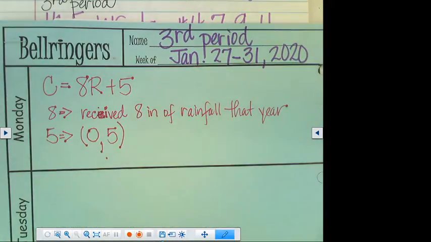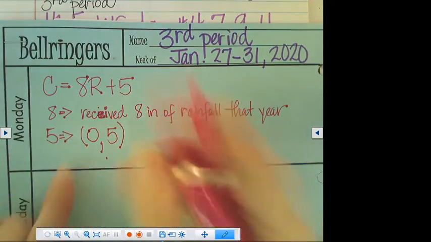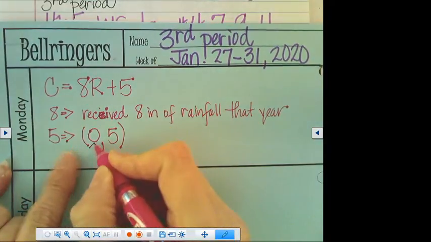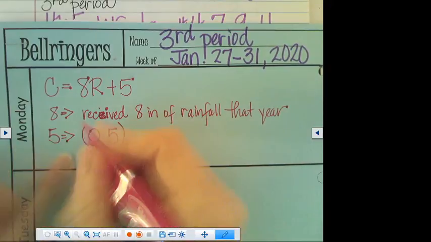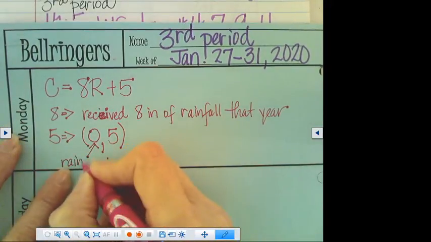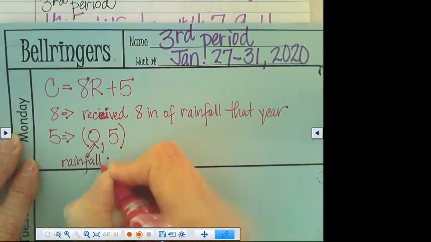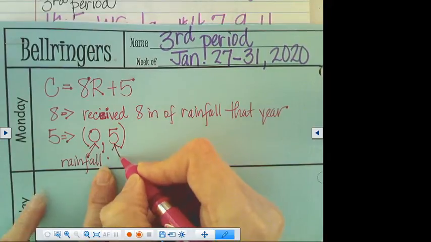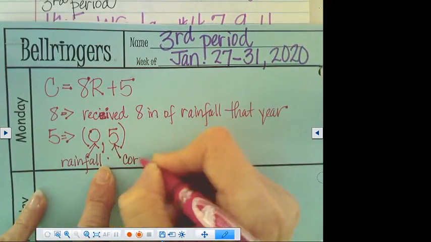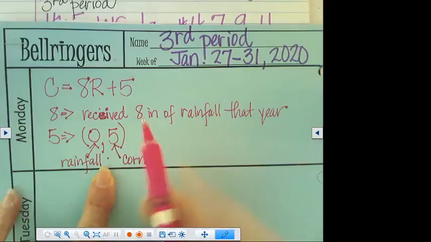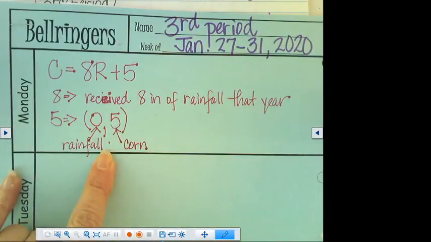Do you automatically get corn? Or do you have to get a little bit of rain first? You're going to have rain first, okay? So our independent variable, the x variable, is representing the rainfall. And then as a result of rainfall, you have what? Corn. All right, so now hopefully you can interpret the 5 for me.